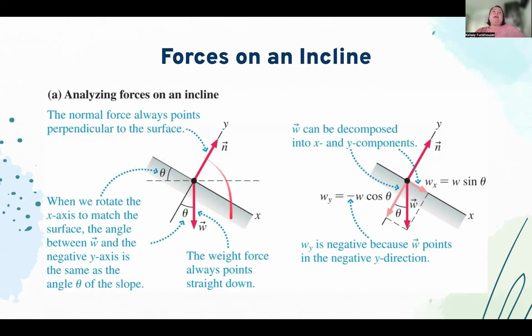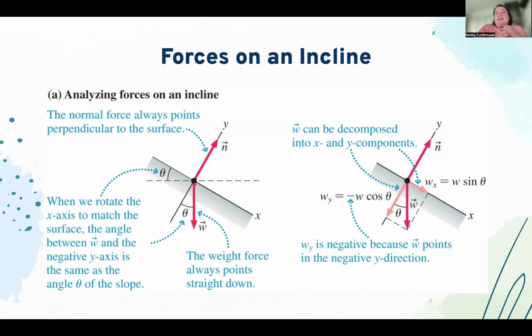But it does make the weight force at an angle instead, because the weight force is always going to point straight down. So it doesn't matter that we tilt the axis, that's doing nothing to the weight force. The weight force is just going to stay directly straight down. But we tilt the axes because one of these forces has to be at an angle.